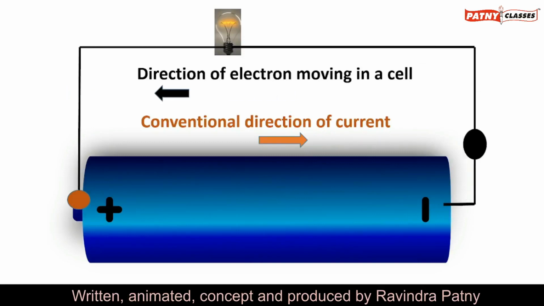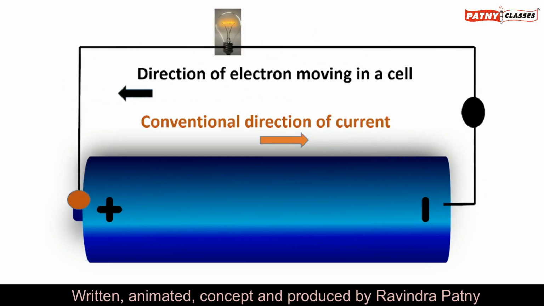Well, in a given cell, we have two types of direction. One is the direction along which the electrons are moving. Another one is the direction opposite to the flow of electrons. For all practical purposes, we consider the current flowing from the positive terminal to the negative terminal, that is, opposite to the direction of electron flow.